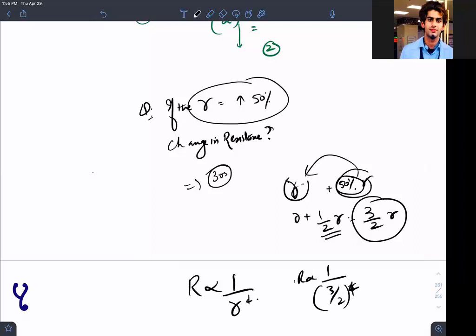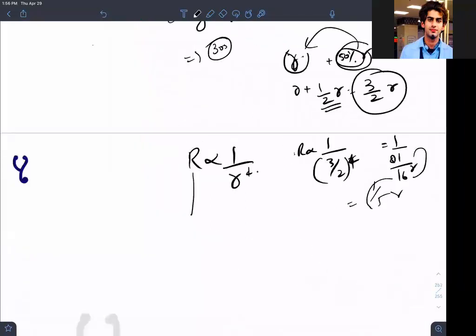So this becomes 1 by 3 by 3 is 9, 9 threes are 27, 27 threes are 81, that is 81 by 2 to the 4, 16. Inversely, it will come as 1 by 5 R. So resistance will decrease by about 5 times, because you are getting a fractional answer here. Resistance will decrease 5 times.